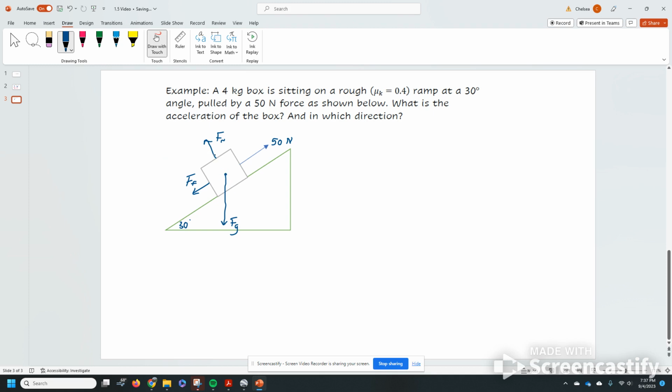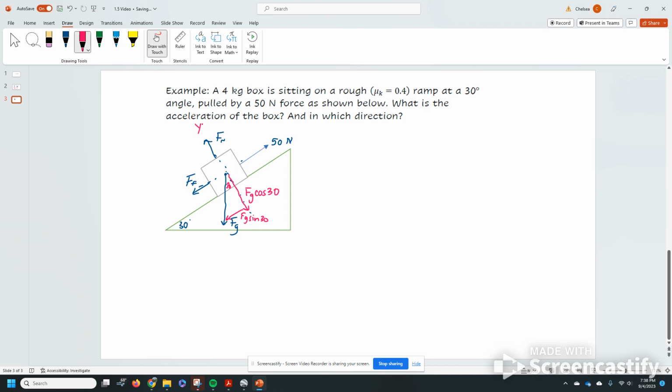So I've got my y-axis and my x-axis here. So I'm going to break this weight into components. So I have part of the weight is pointed into the ramp. That is my FG cosine 30 component. And then part of it's pulling down the ramp. That's my FG sine 30 component. So first let's deal with the y direction, because I know that the sum of forces in the y direction will be 0.